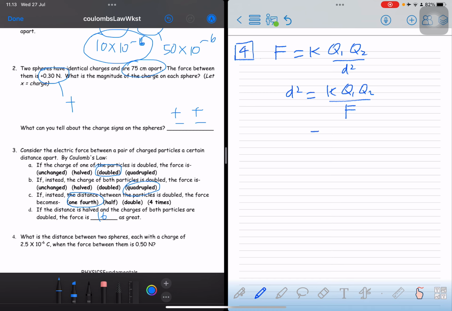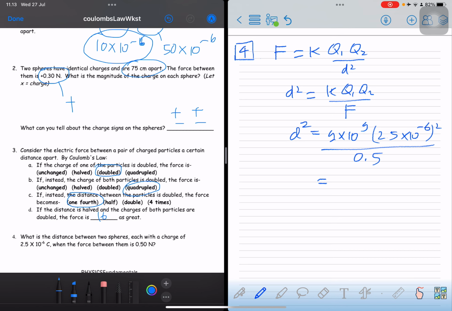K is 9 times 10 to the power of 9, and Q is 2.5 times 10 to the power negative 6, squared, and the force is 0.5.